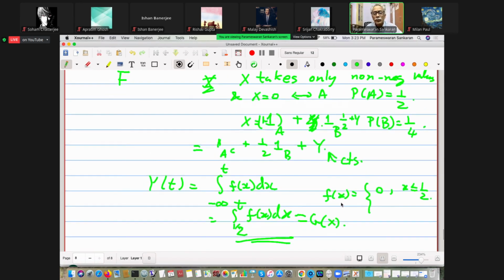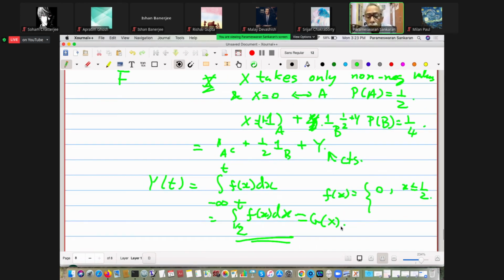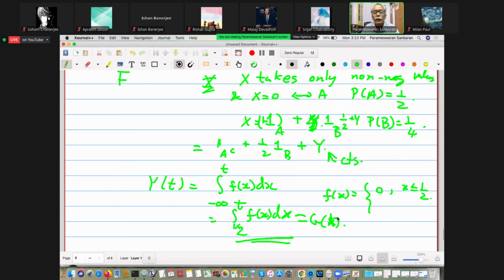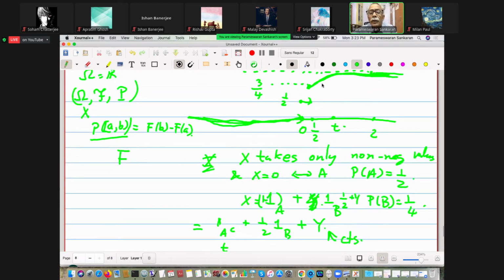So this g of t is just this value from here onwards. Okay, g of t. The difference between f of t and g of t is that f of t consists of two things which are having point masses. So you have to be careful. But otherwise, it is just this.